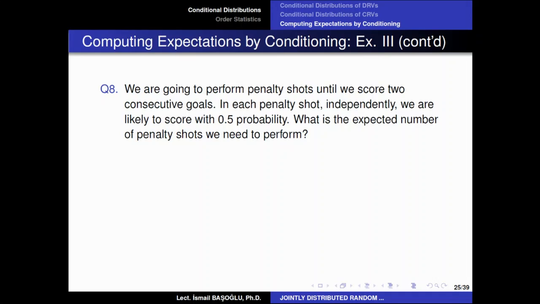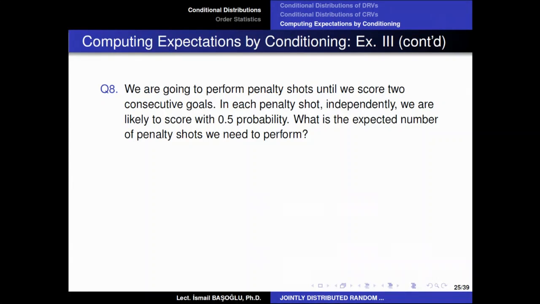Okay? I'm not going to stop when I score 2 goals. I am going to stop if the last 2 penalty shots are consecutively scored. Okay? For example, you have scored in the first shot.